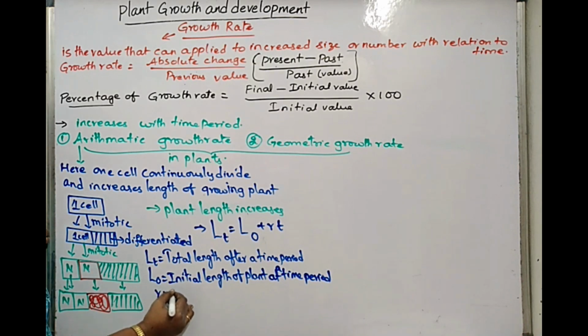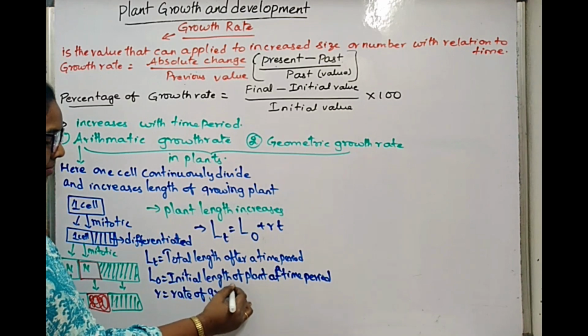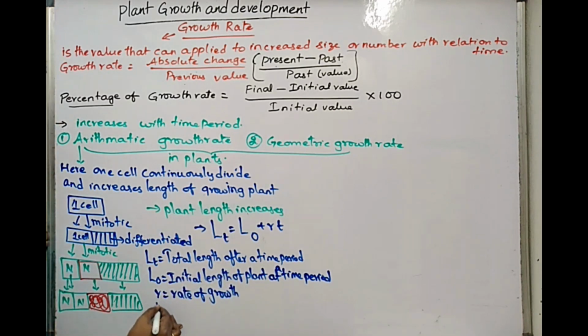R indicates rate of growth. Here T indicates time taken to reach total length of the plant.